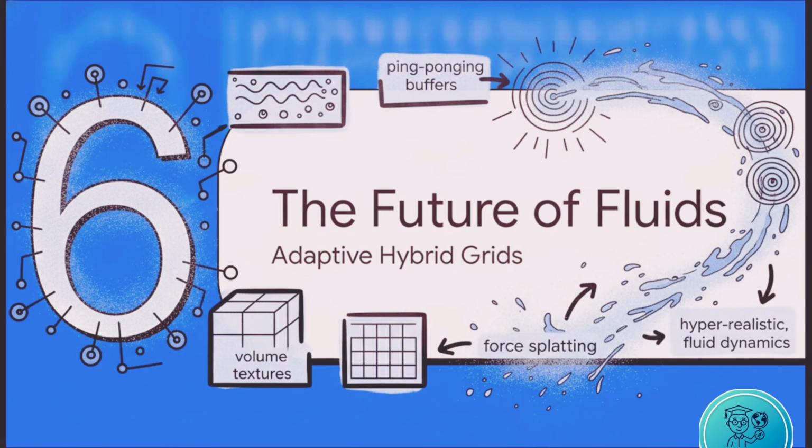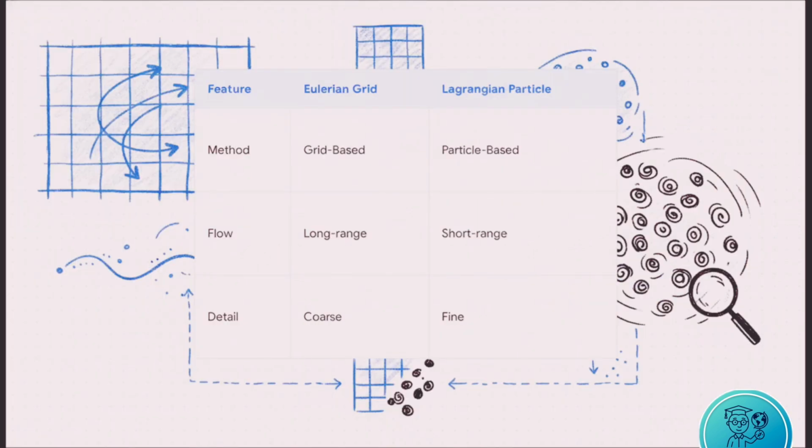Which leads us perfectly into Section 6, the future of fluids and adaptive hybrid grids. So all this incredible foundational math paves the way for the mind-blowing, hyper-realistic fluid dynamics we're seeing in the latest simulations. Researchers didn't just stop at standard particles. Modern frameworks like the Cirrus framework now combine the absolute best of both worlds.